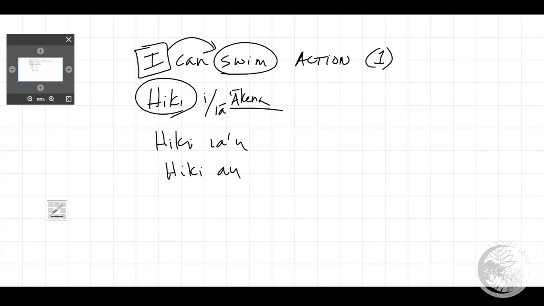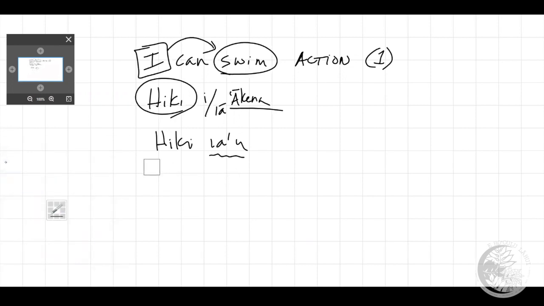The word hiki wau tells us not a capability, but in fact the different meaning of the word hiki, which means to arrive, that I arrive, and not I can. So the first thing we must remember in Hawaiian is if you do not mark it with the idea to me, you actually change the meaning of hiki, to a different meaning, which is not the idea of can or possible, but the idea of arrive.